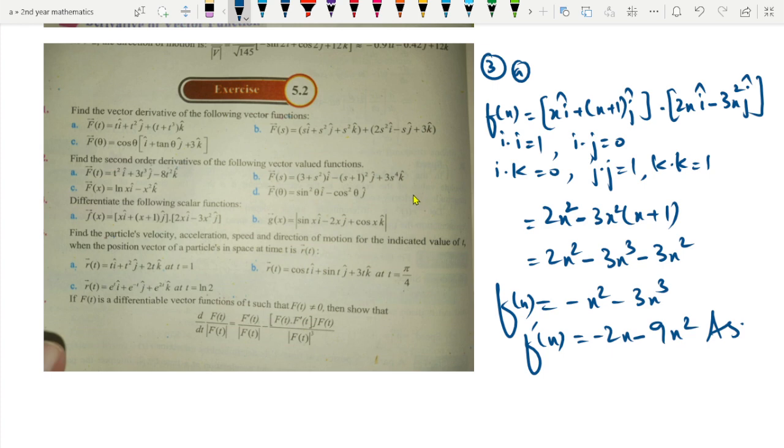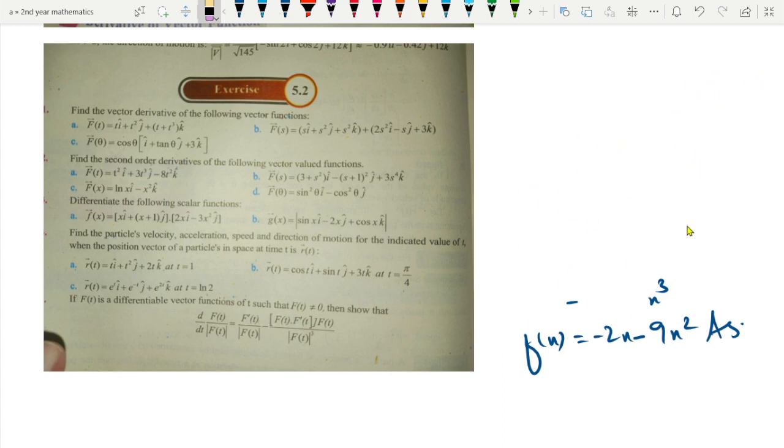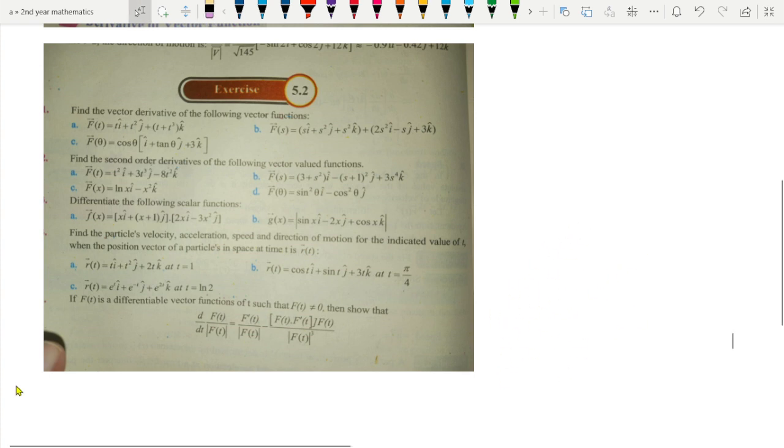Now we will differentiate the next question.